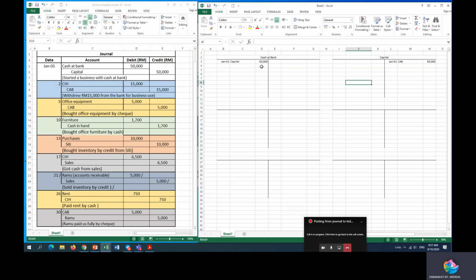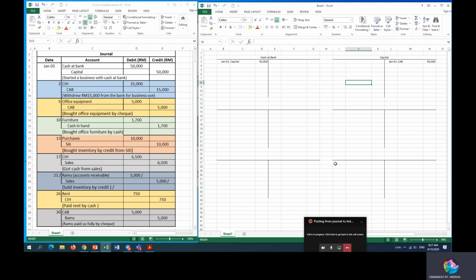You should not debit both accounts, and you should not credit both accounts. You will have the same date here, January 1st, and the same amount, 50,000. So that would be the process of doing the posting from journal to ledger on January 1st.